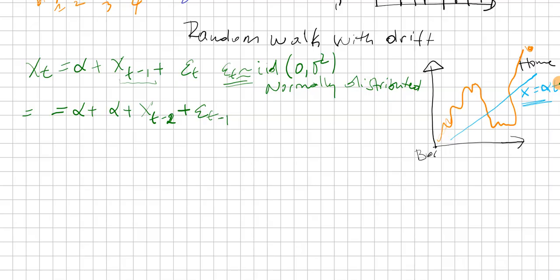So yesterday's and today's shocks. But when I go to three lags, it is alpha plus alpha plus x_t minus the oil price of 3 days ago plus shocks of 2 days ago plus shocks of 1 day ago plus alpha.